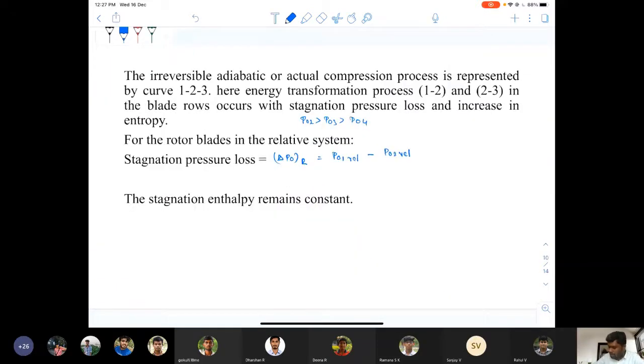Therefore, you can write H01 relative is equal to H02 relative, which can be written as H1 plus 1 by 2 W1 square is equal to H2 plus 1 by 2 W2 square. You can write this equation in the form of H01 relative is equal to H02 relative.